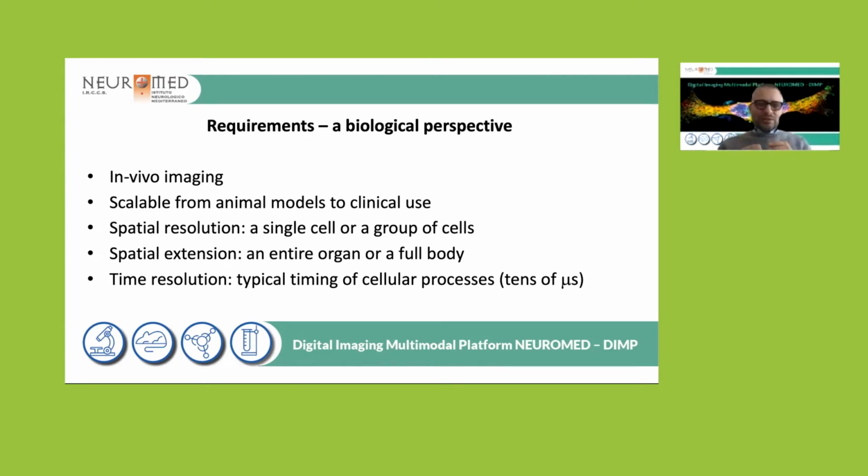Spatial extension, entire organ or even a full body. Time resolution, the typical timing of cellular processes. Now my friends, the biologists, will kill me, but I tell you, tens of microseconds. So you may understand this is a quite large requirement, and is not only optimistic, but is very idealistic. However, this would be a wonderful technology, and this gives an idea of our target.